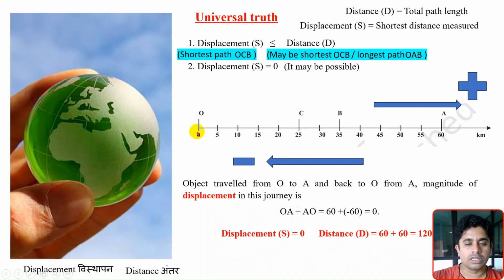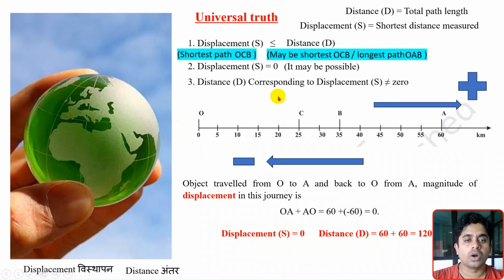A to O, what is the path length? 60. So 60 plus 60 is 120. So this distance is a non-zero value. The distance for this particular journey will never be zero. So displacement is zero, but the distance corresponding to this displacement is not zero.